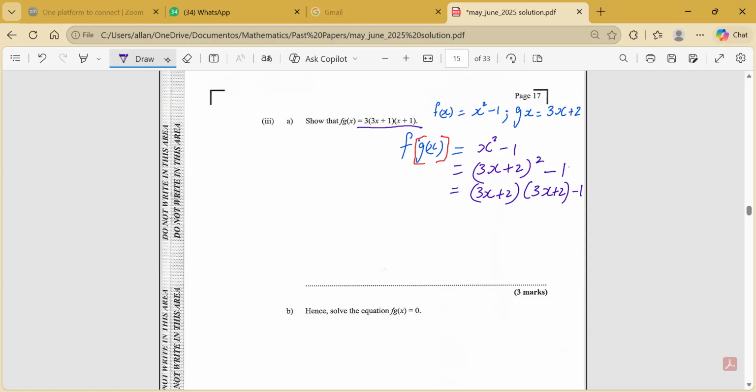Tyrese, that looking good. Tyrese, you have to factorize what you have in brackets. Go ahead. Oh, you did. All right, Tyrese, that's correct.